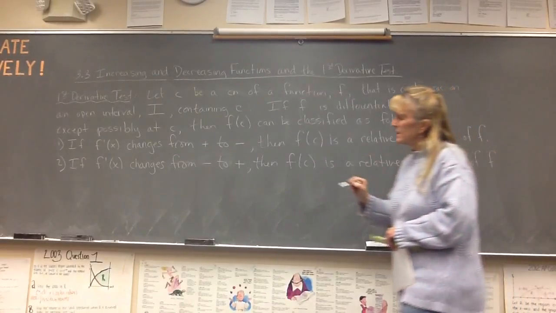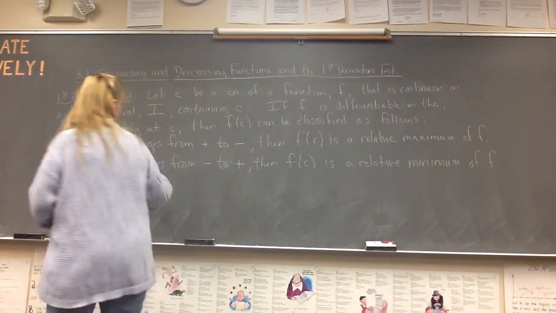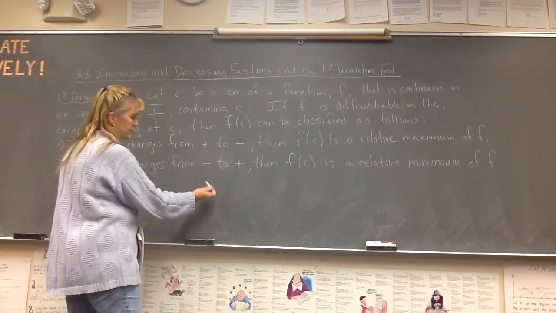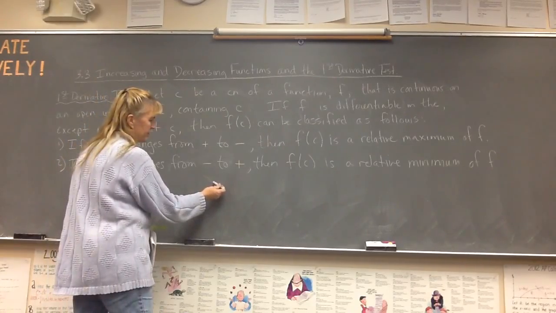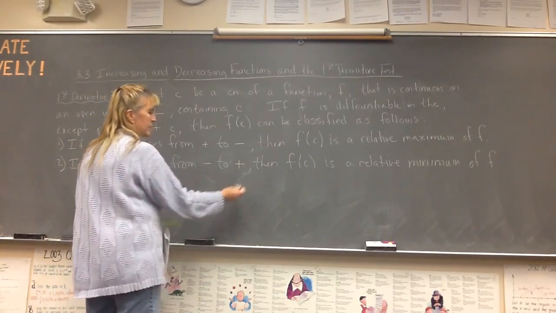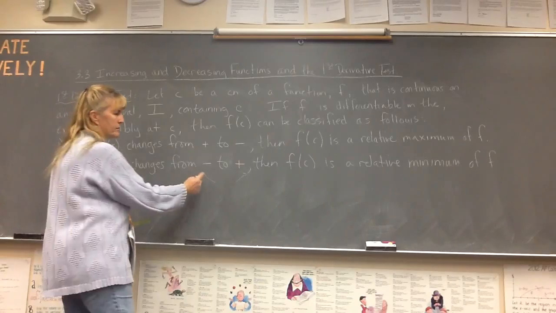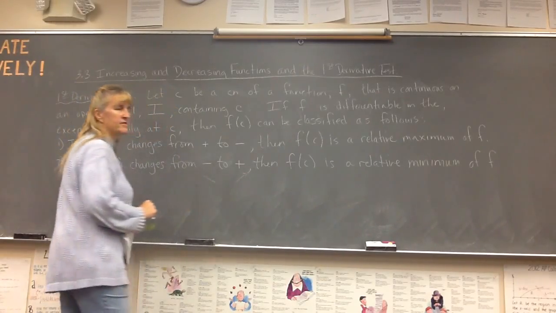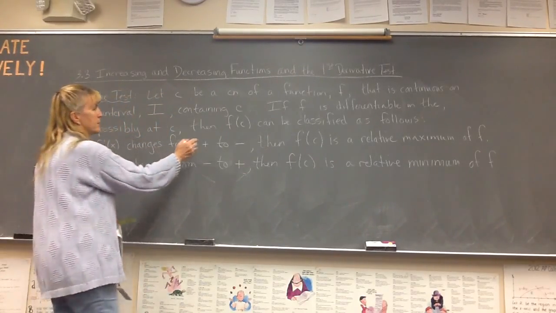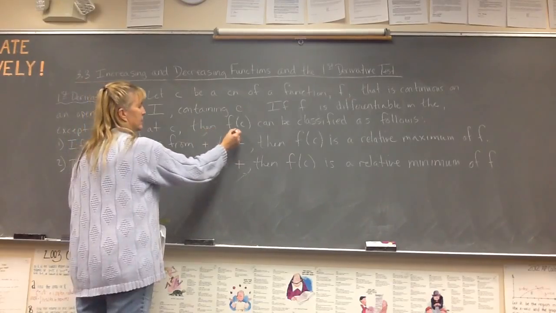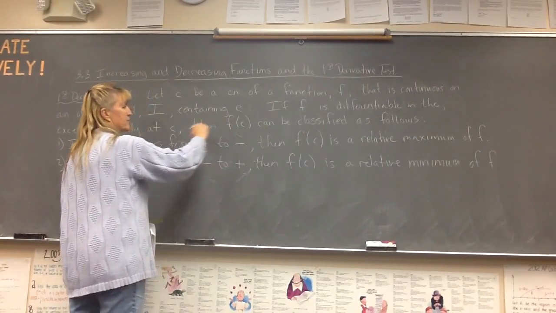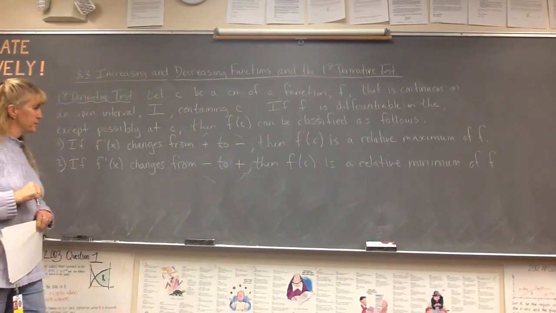Let's just look at that. If f prime is changing from negative to positive, so the function itself is decreasing and then increasing, we have to hit our relative min. Same thing up here. If the function is increasing and then decreasing, it has to go through the relative max.